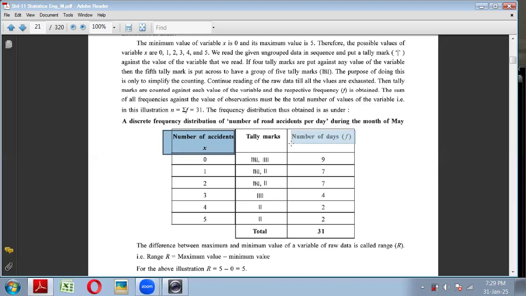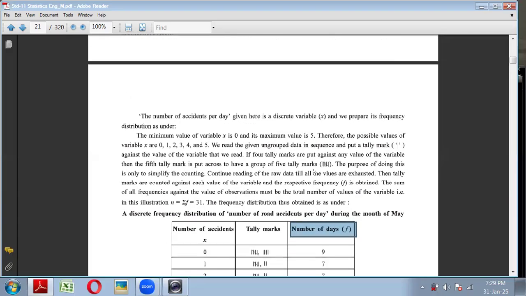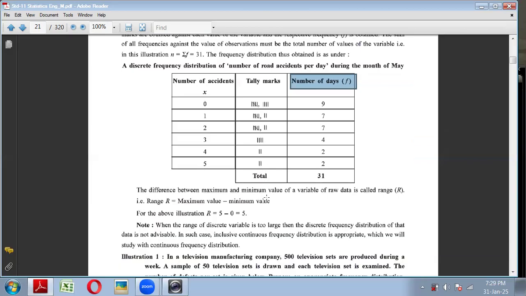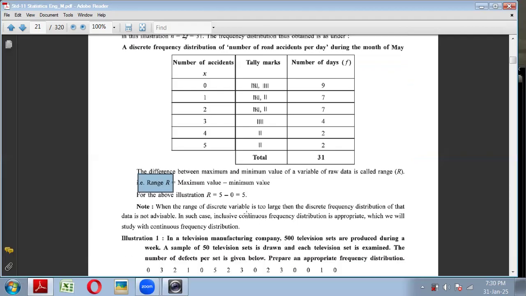How many days are there related to the accidents? That is written over here, right? Here there is one important word, that is range. What is range? Maximum value minus minimum value, right?